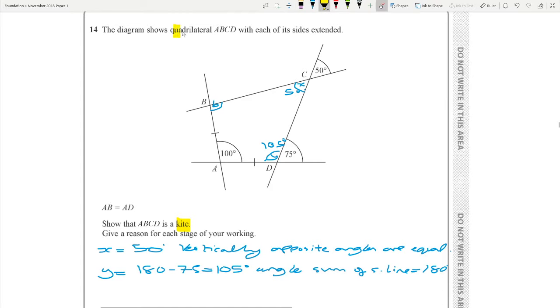The clue is in this word here. It's quadrilateral. What's the sum of the angles in a quadrilateral?